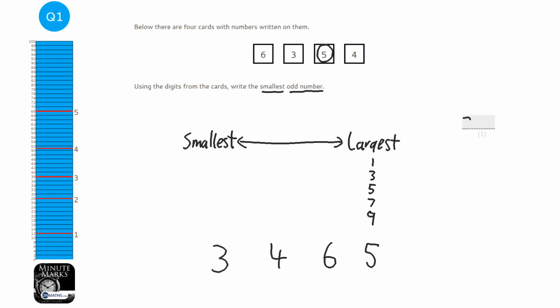So my answer is 3,465. Now always just check to see whether we've answered the question. It says it wants the smallest odd number. Well, that's an odd number, and I can't think of a way of swapping those digits to make it any smaller because we've used the smallest numbers we can on the left hand side and the biggest on the right hand side.